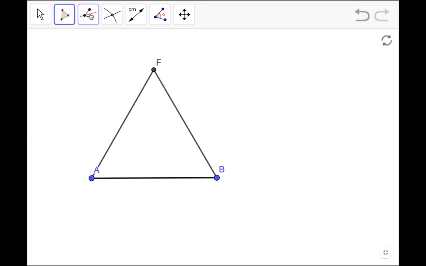Step 2, make angle bisector, which you do by clicking on the vertex. Second. Step 3, find where the angle bisector intersects side. Step 4, measure AG.